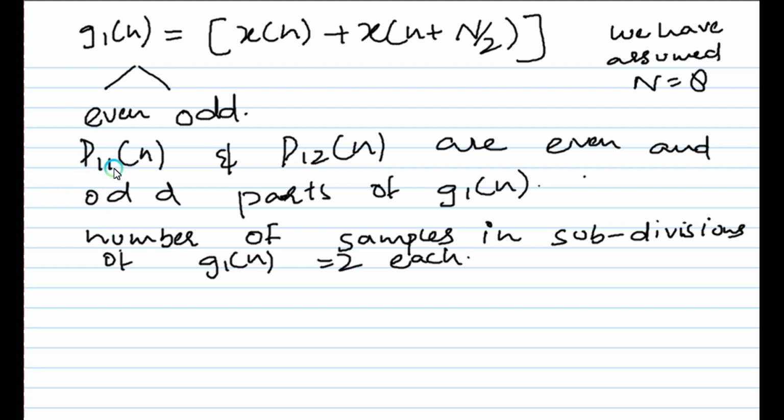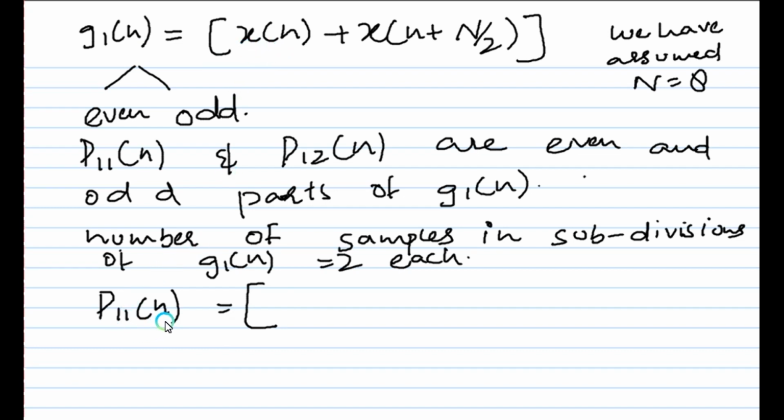Now p11 of n is an even sequence, so this is similar to g1 of n. If we notice the equation for the even sequence, subdivision of x of n, that is g1 of n, it is x of n plus x of n plus N by 2, where N by 2 is the number of samples in x of n divided by 2.